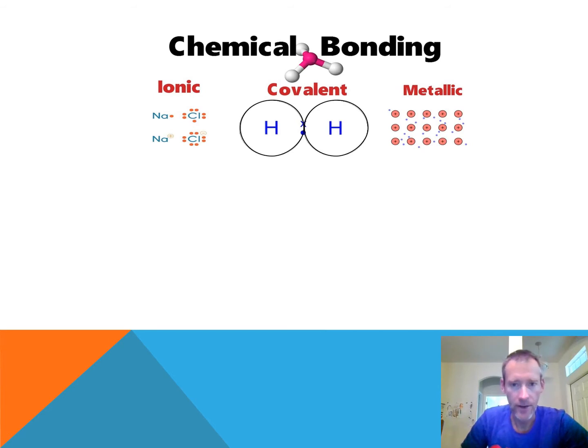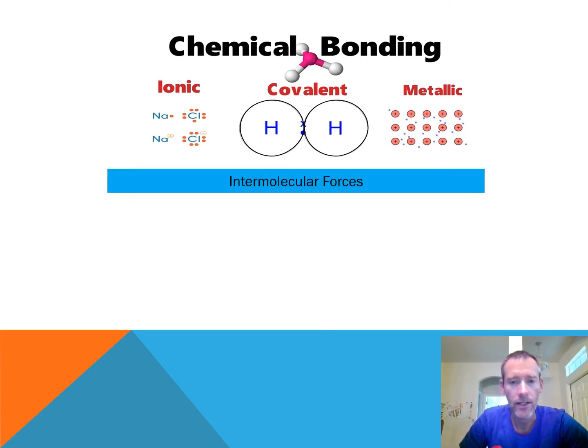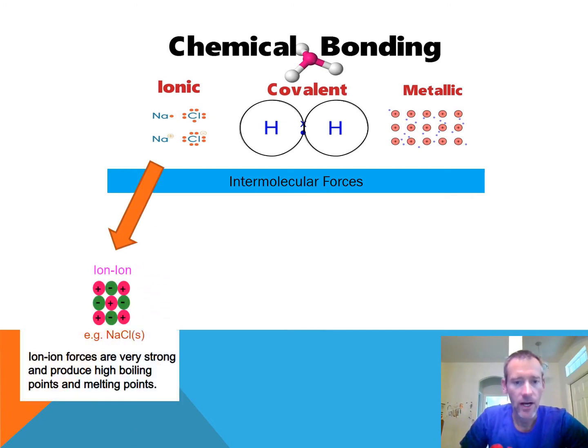So we have chemical bonds: ionic, covalent, metallic. Within each of these are intermolecular forces. So for ionic bonds, they have an ion-ion force. Very strong, produces high boiling points, high melting points.